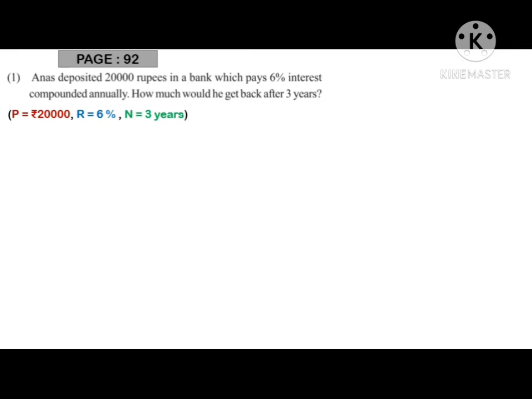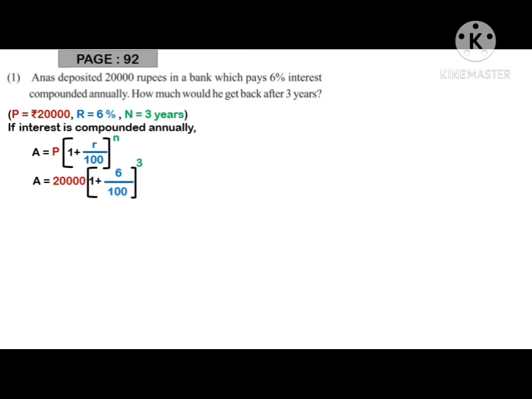We know if interest is compounded annually, amount A equal to P into 1 plus R by 100 all raised to N. When we substitute here, we get amount A equal to 20,000 into 1 plus 6 by 100 all raised to 3.